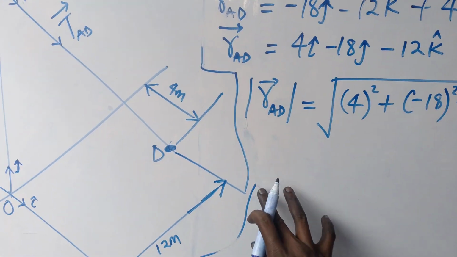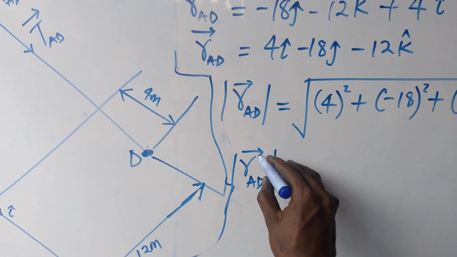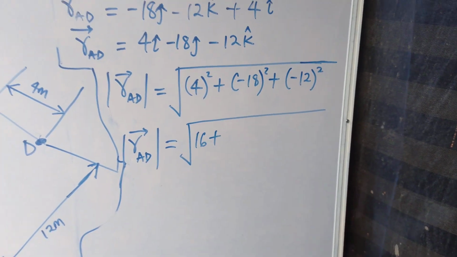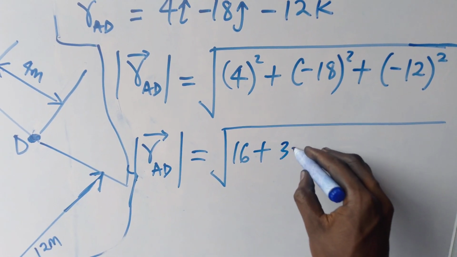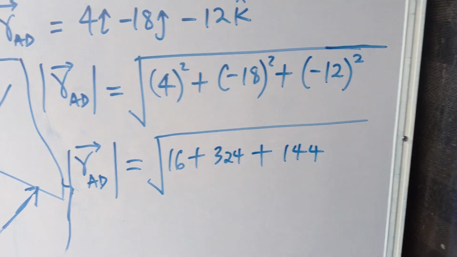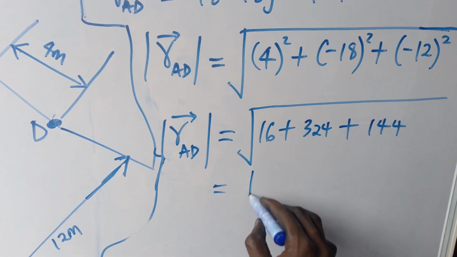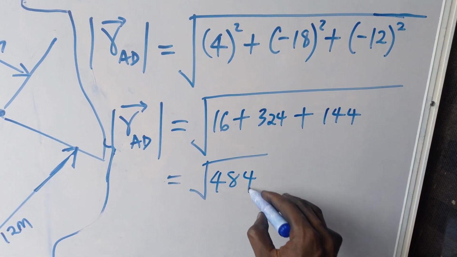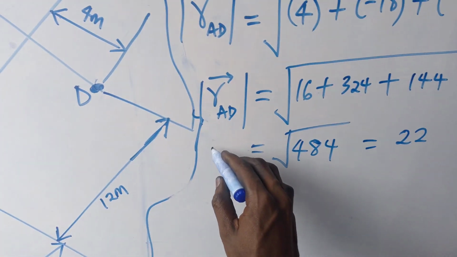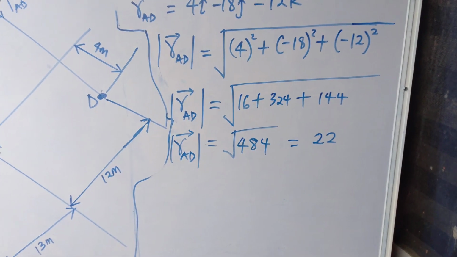So RAD will be square root of 4 squared is 16, plus 18 squared will give me 324, plus 12 squared is 144. If I add them, this will give me square root of 484, and the square root of 484 is 22. Okay, that is the modulus of RAD. The modulus of RAD is 22.